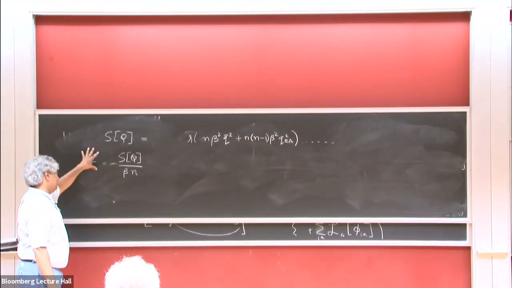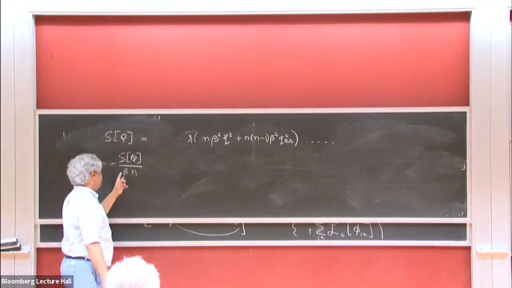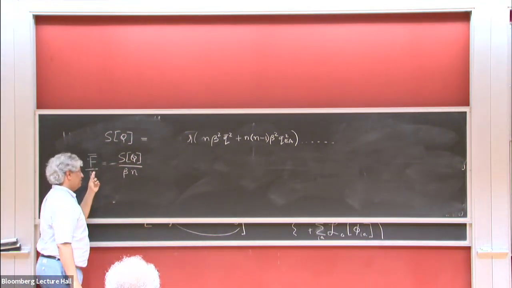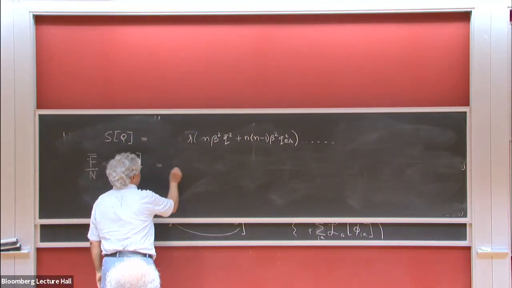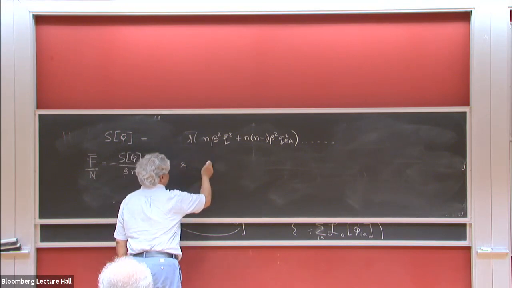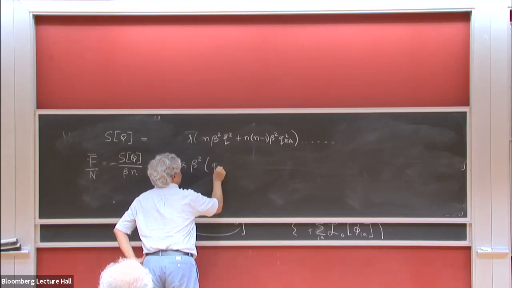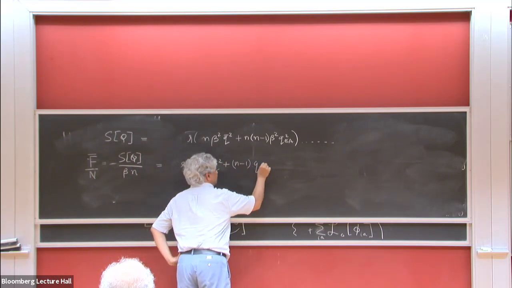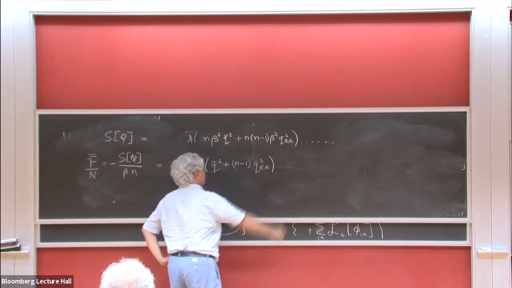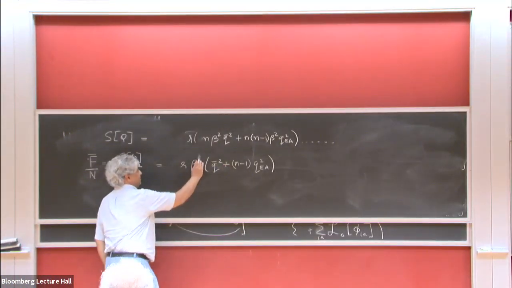So this is some free energy per site. You've already divided out by the number of sites, and that's per replica. And if you multiply it by temperature to get the free energy, because the action is free energy divided by temperature, this is equal to R, the one factor of n disappears, but you get a beta times Q bar squared plus n minus 1 Q_EA squared. Not beta squared, beta.